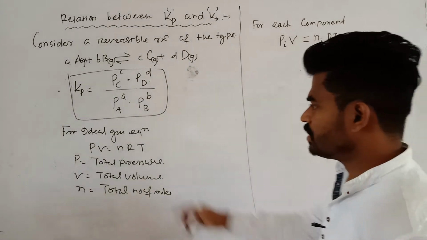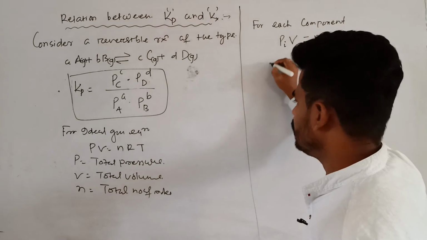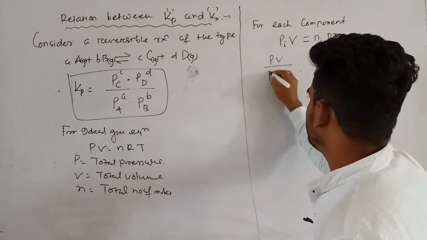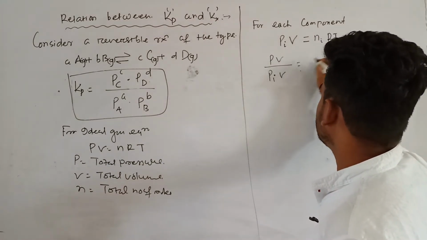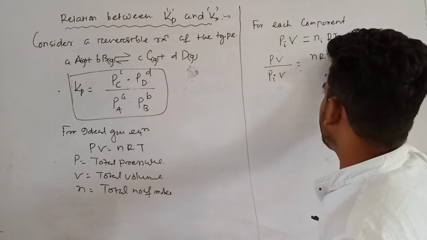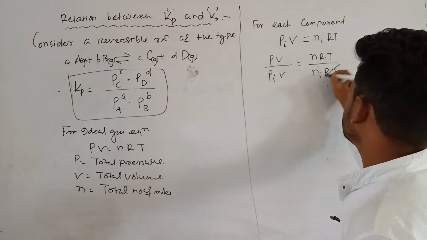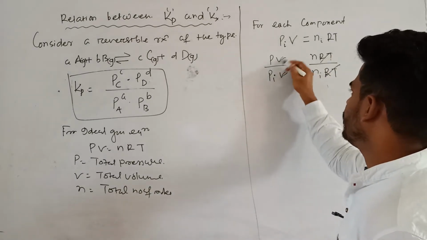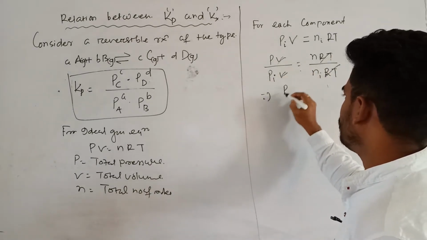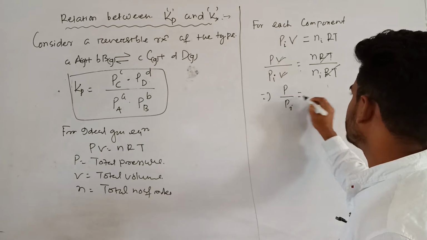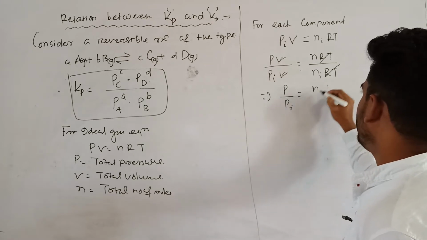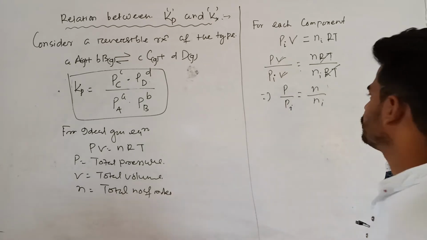Now if I divide this equation with this one, just see, PV upon Pi into V is equal to nRT divided by NiRT. So RT gets cancelled, V and V get cancelled, so P upon Pi is equal to N upon Ni.